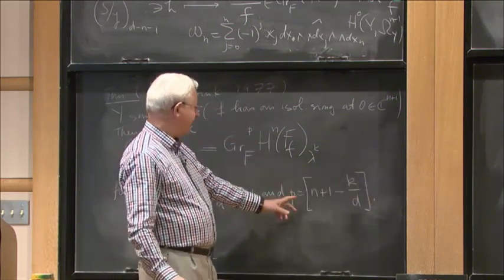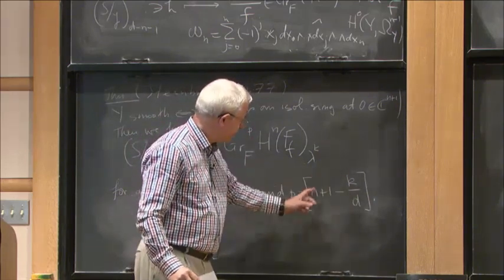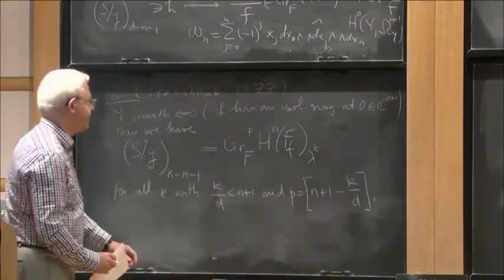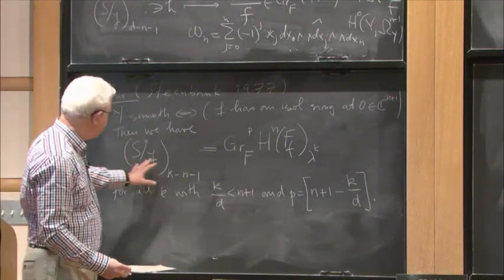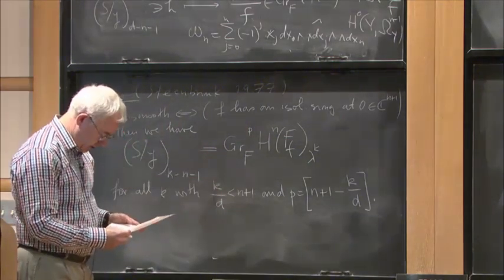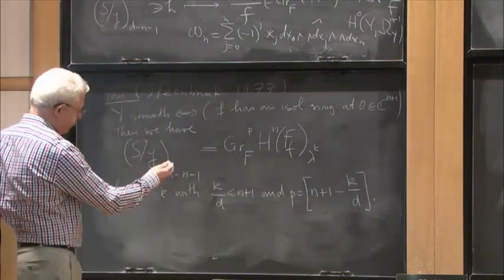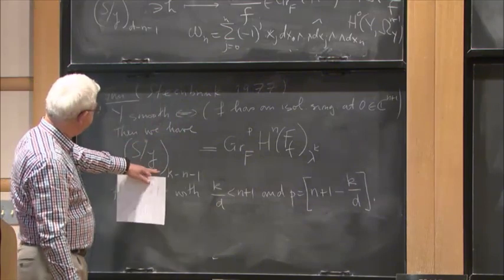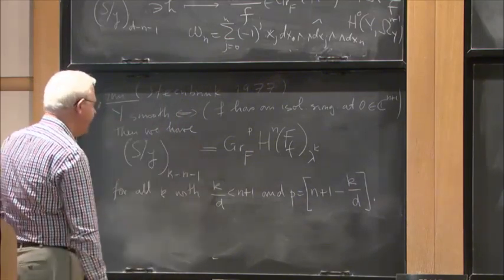That is the largest integer which is lower or equal to what is inside here. And so this completes the description of the geometrical meaning of these quotients in the case when Y is smooth.